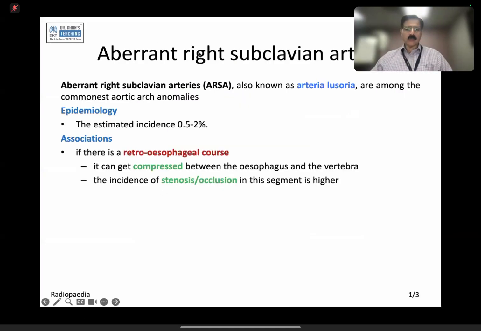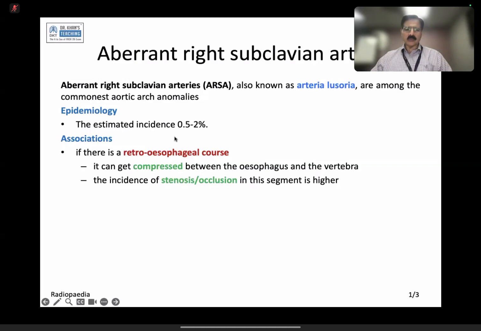So whatever I'm showing is from Radiopaedia here, so you can revise it from Radiopaedia. Aberrant right subclavian artery, also known as arteria lusoria, and that is why when it causes dysphagia, we call it dysphagia lusoria. Incidence is 0.5 to 2%; it is one of the most common anomalies of the arch of aorta.